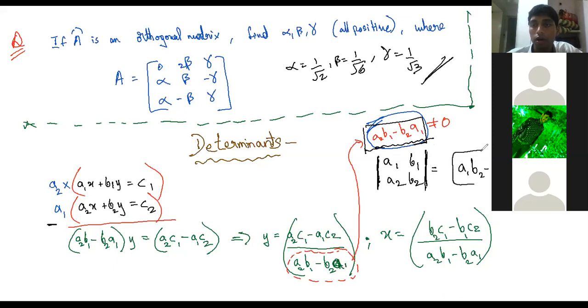So when this quantity, the determinant delta, is not 0, we say that the system of equations has a unique solution. Everyone is clear till now?